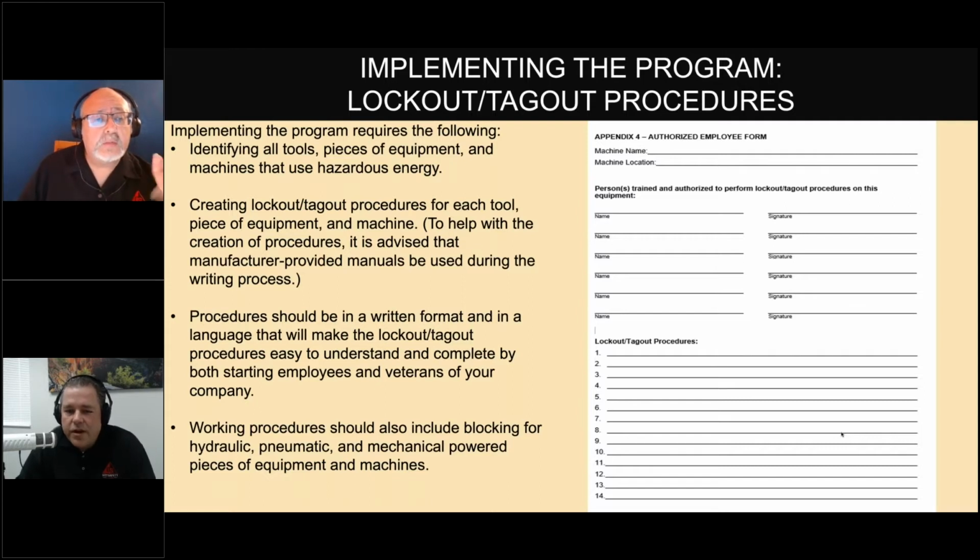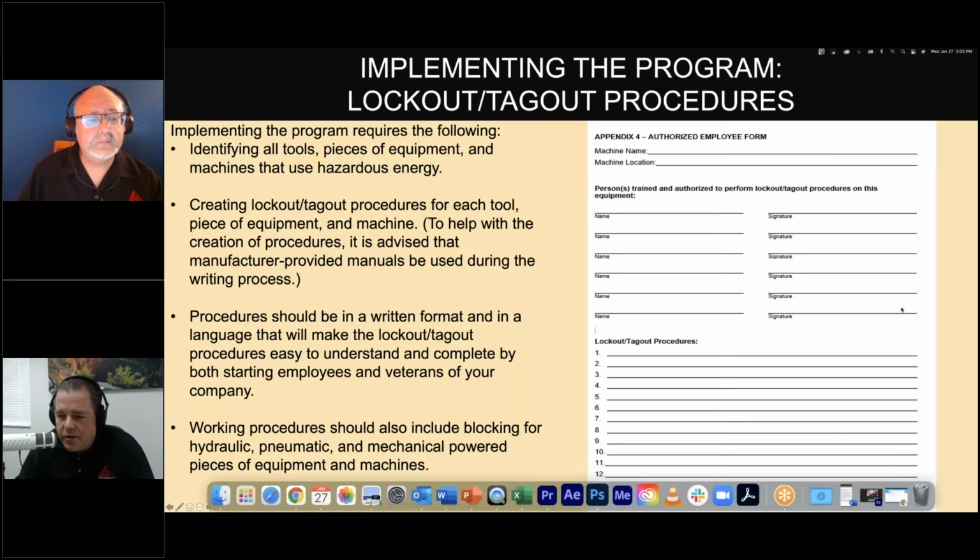If I could just cut in here, Javier, at the top of the form, he's talking about identifying tools, pieces of equipment, and machines that use hazardous energy. In the form you see on the right, you're going to see machine name and machine location. You're required to put in the name of the machine and its location. The machine name should have some sort of special identifier, like machine number 2 or a serial number.